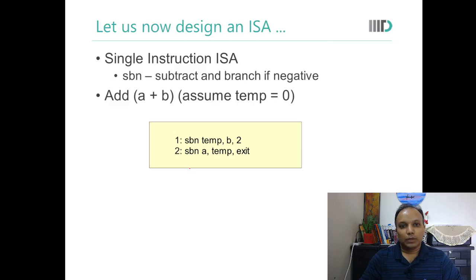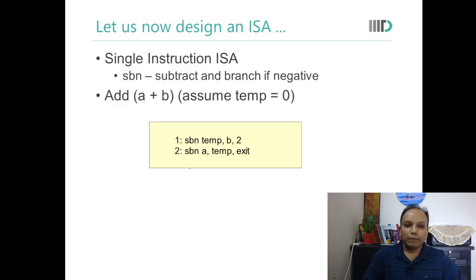All right. So, now let us look at a toy example, and we try to design an instruction set architecture. The unique part of this instruction set architecture is that we want to have only one instruction in it. But remember, we said that we want that instruction set architecture to be complete.